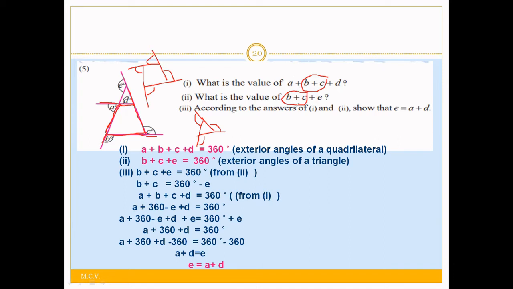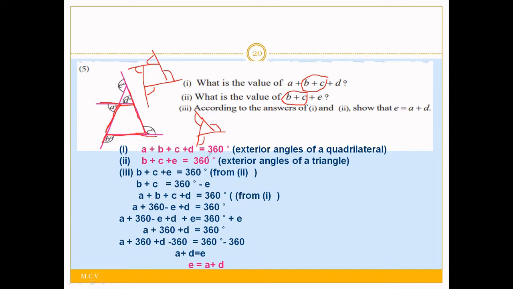So we want to remove B plus C. Now we are going to do that. First write the second result: E plus B plus C equals 360. Now we want to remove B plus C. Therefore, we keep B plus C on the left hand side. Subtract E from both sides. So you can cancel this E, and on the other side minus E. So B plus C equals 360 minus E.